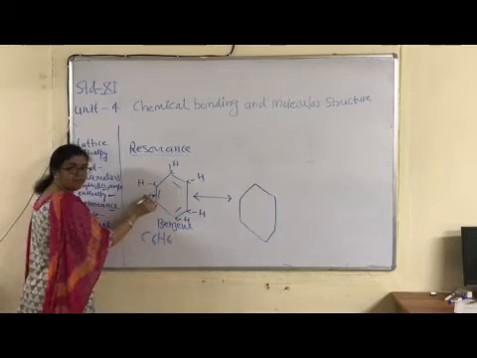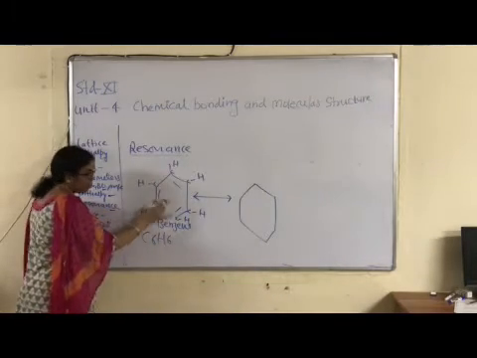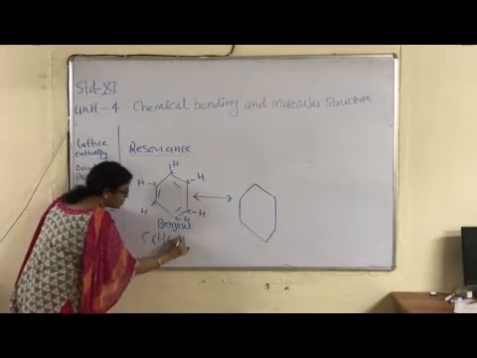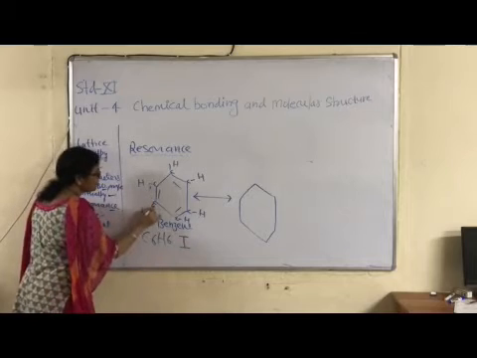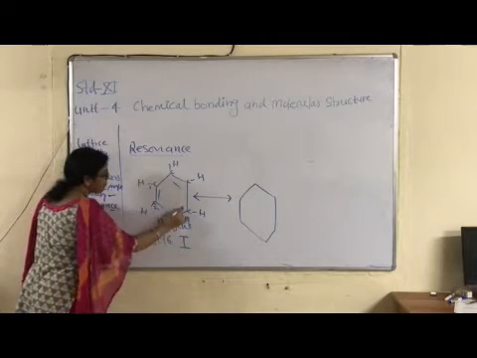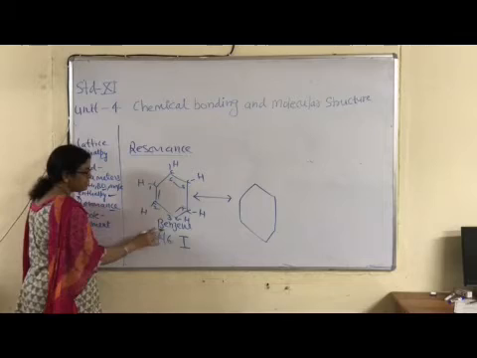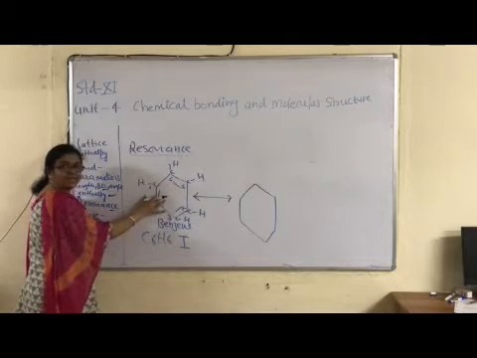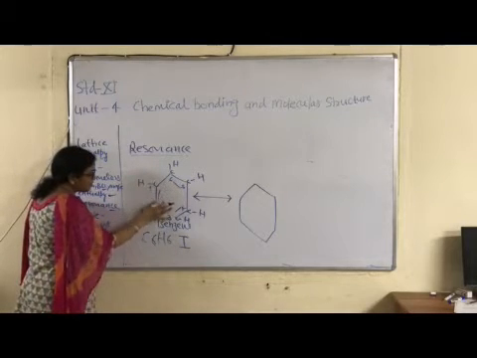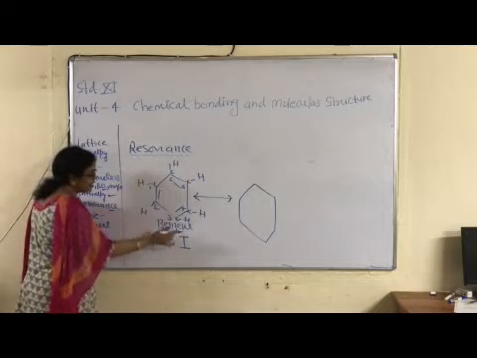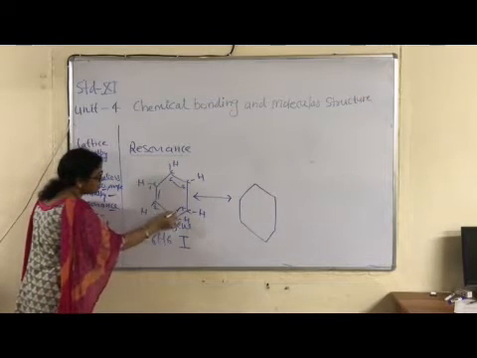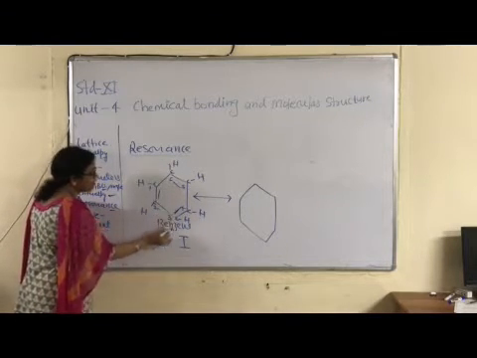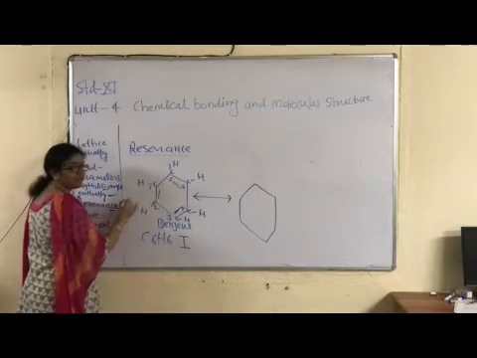This is the position of double bonds in structure A or structure 1. 1, 2, 3, 4, 5, 6. In this structure, one double bond is present between first and second carbon, the second between third and fourth carbon. Okay? The third one between fifth and sixth carbon.